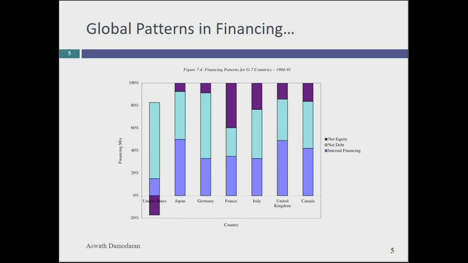How does net equity become negative? Net equity is equity issuances, that's a new equity raise, minus stock buybacks. And the US, because stock buybacks have become such a big way of returning cash, net equity in the US has been negative. But in much of the world, if you look across financing, the predominant source of funding still remains retained earnings, and then there's debt, and then there's equity.